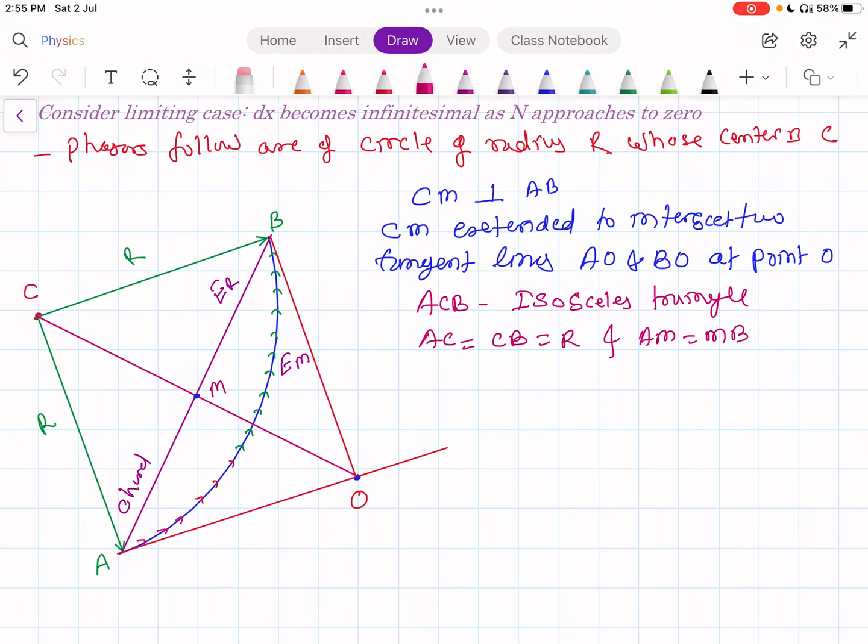So the chord ER is divided into two equal parts. This is ER by 2, that is AM, and this is MB, which is also equal to ER by 2. And so ACB is an isosceles triangle, and this also concludes that AOB is also an isosceles triangle.